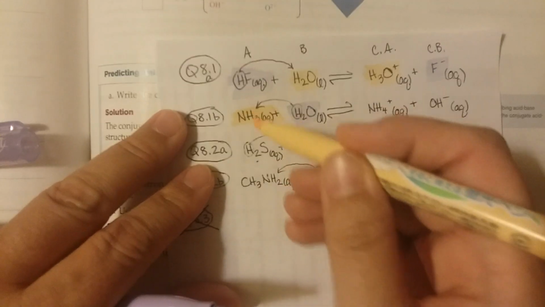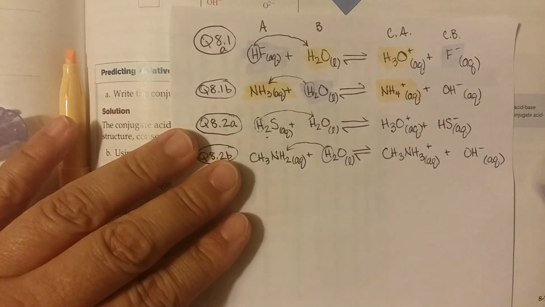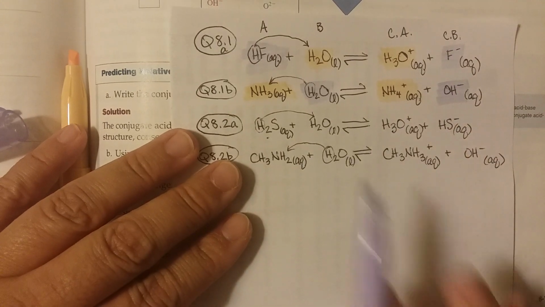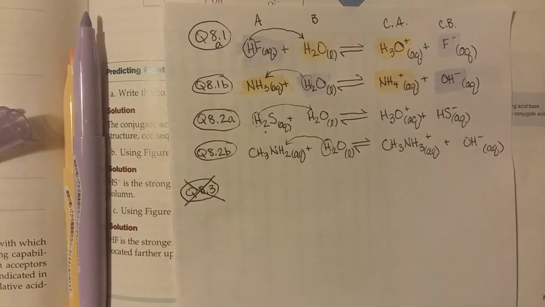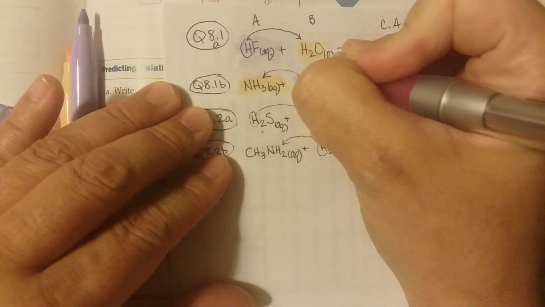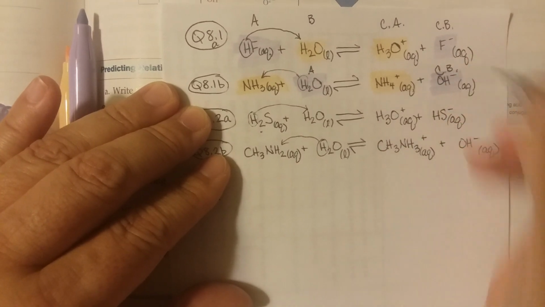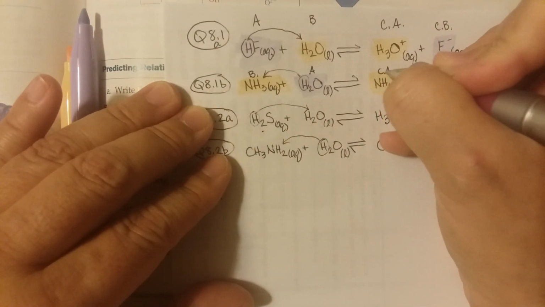And so this base turns into a conjugate acid. This acid that gave away a hydrogen turns into a conjugate base. Oh, it just so happens, well, it doesn't fall into line completely, so let me go ahead and write it. So we've got acid turning into a conjugate base, and then we've got a base turning into a conjugate acid.